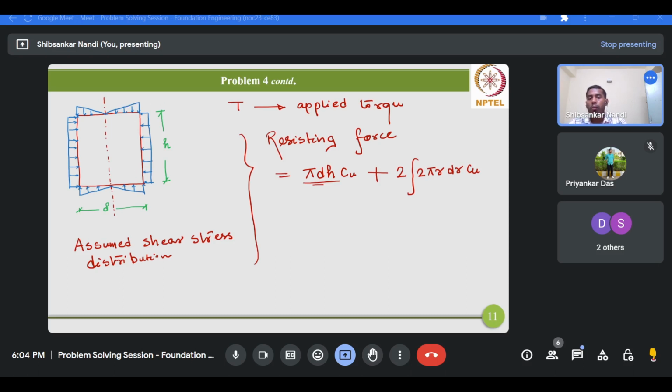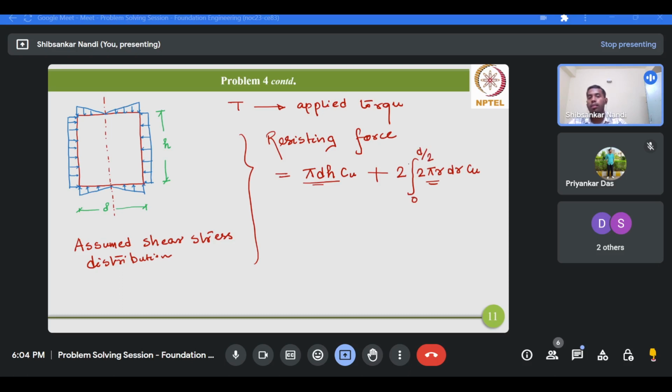Now how is it coming? 2 pi r dr cu. This 2 is for both the ends. One is for the top end and another one is for the bottom end. So that's why this is 2. Now inside this, 2 pi r dr, what should be the limit? The limit should be between 0 to d by 2.